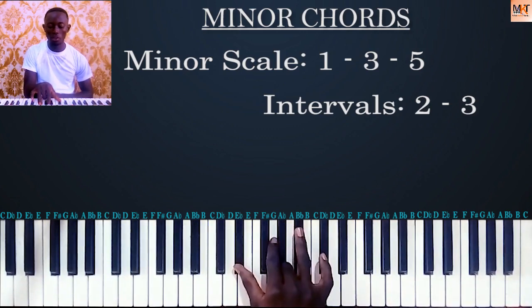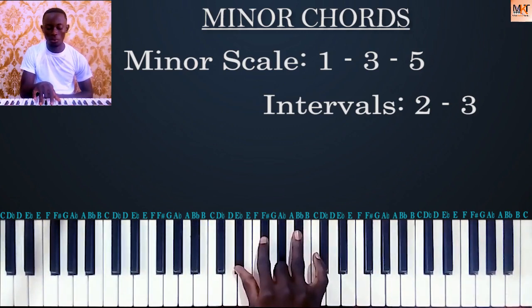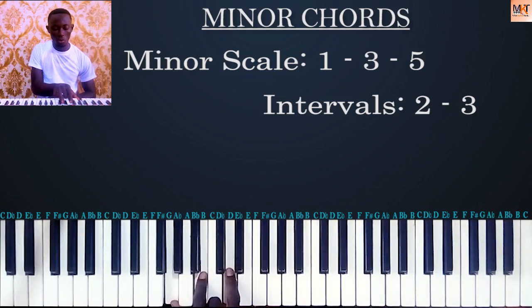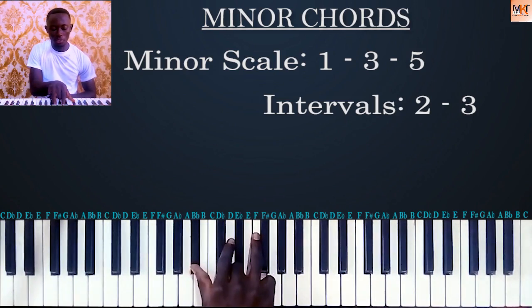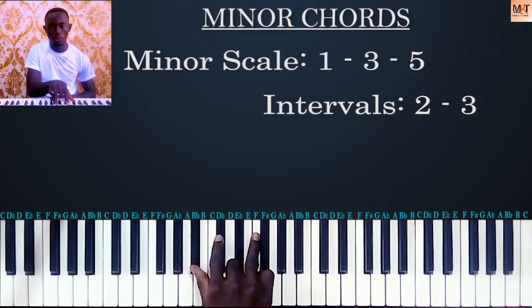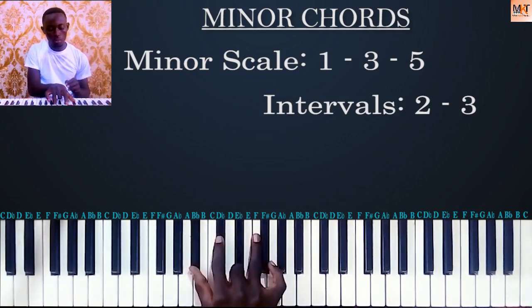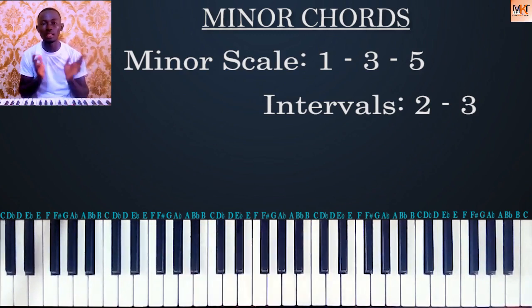E flat major, E flat minor, G major, G minor, A major, A minor, B flat major, B flat minor. So that's the difference between them. It's 2 in between, 3 in between, and the major is 3 in between, 2 in between.